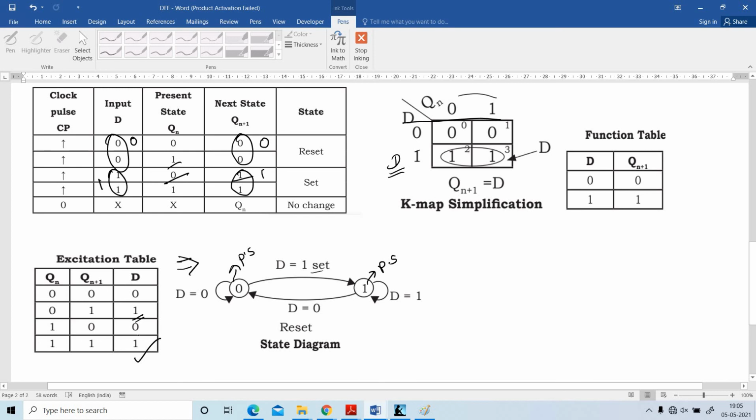And D is equal to 0, it goes from 1 to 0, this is the reset state. And next, 0 to 0, D is equal to 0, and 1 to 1, D is equal to 1. This is the way to draw the state diagram.